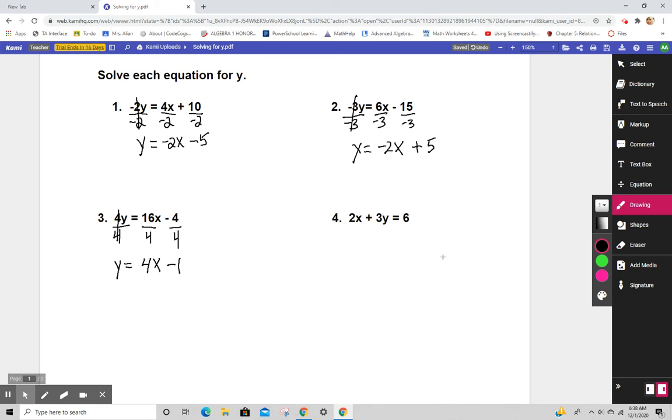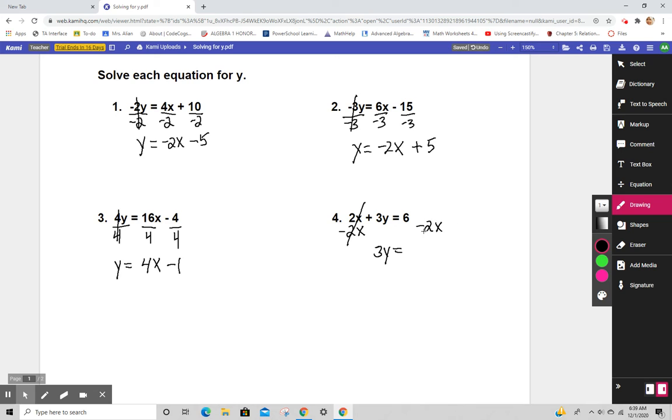All right, this one's going to require 2 steps because you have to undo the 2x from this side, and then you have to divide every term by 3. So to undo 2x, we just use the inverse operation, minus 2x. And we do that to both sides. Subtract 2x from both sides. So now this is gone. We're left with 3y on this side.